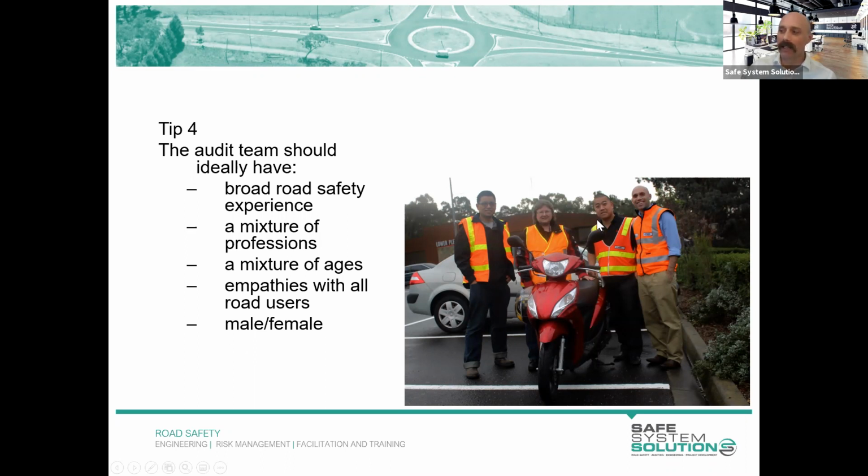But you'll see here's my audit team originally, which was a couple of my colleagues, the three of us. That was the audit team, and we thought, yeah, we're all male, we're all about the same age, we've all come from a technical engineering, road traffic engineering, road safety engineering background. We're not getting much diversity here.